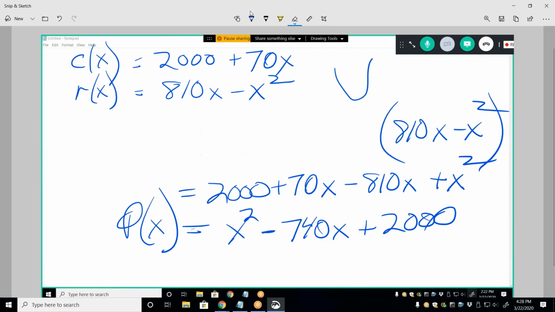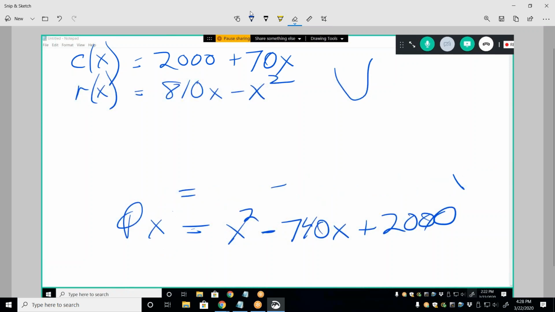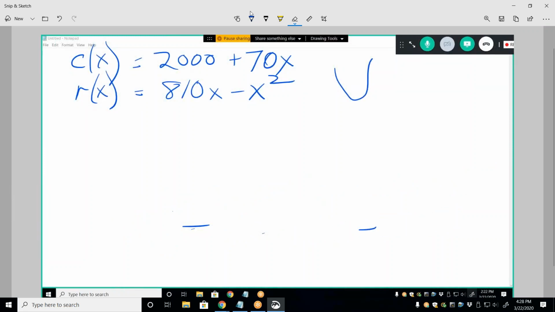If you have a lemonade stand, it's the revenue you take in minus your costs. That's what your profit is. So, profit function is revenue minus cost.